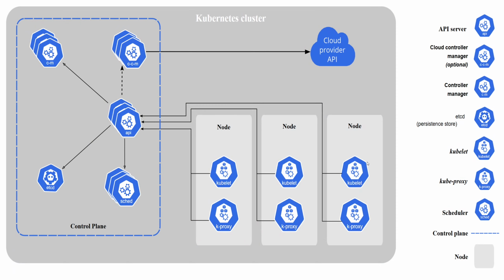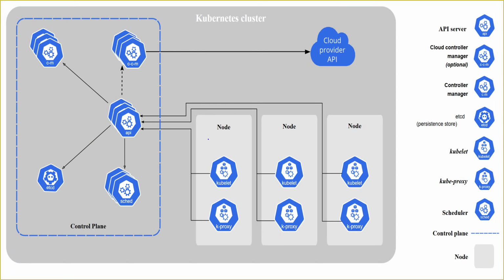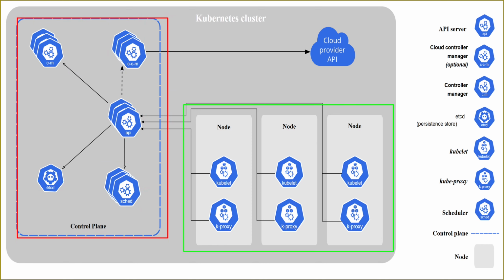And the way this works is we have here on the left side in the red box our master node. In simplified terms, that's the brain of our cluster. And in the green box on the right, we have our worker nodes. This is where our pods and our applications are running.